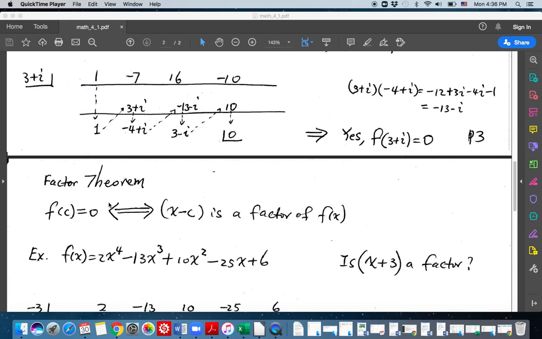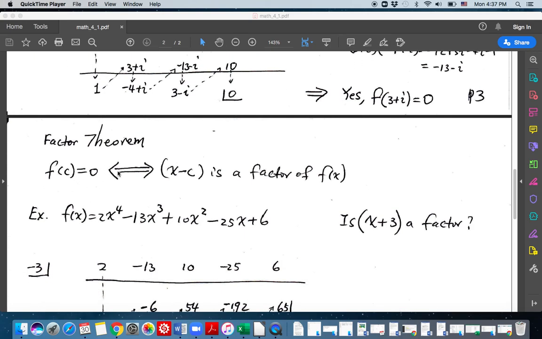And it goes both ways. If the function value is 0 at x equals c, we can say x minus c is a factor. Alternatively, if x minus c is a factor, then f of c is 0. This result, as a consequence of the remainder theorem, is called the factor theorem.